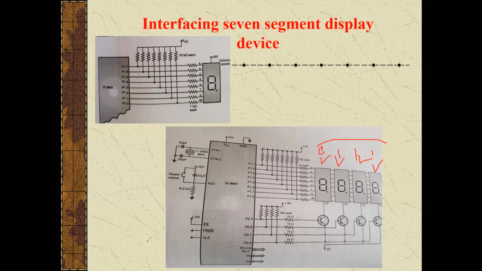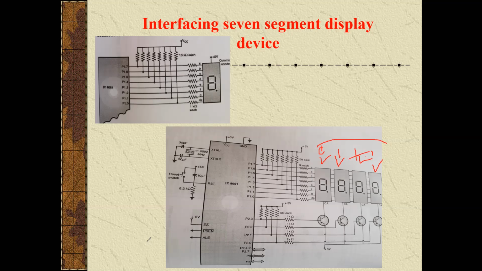For low voltage, the PNP transistor will operate, so we will provide 0 volts to the base of the transistor, it will be on, and the corresponding 7-segment display will be selected.